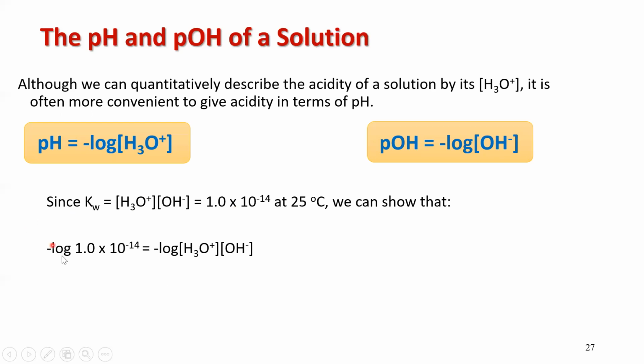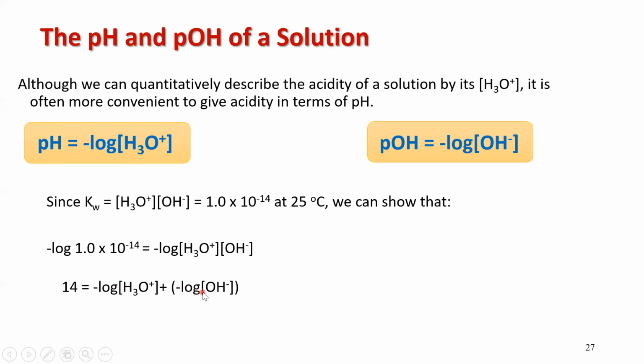We're going to take the negative log of both sides. We can do that. As long as we do the same thing to both sides of an equation, it keeps it equal. So if we take the negative log of both sides of this equation, the negative log of 1 times 10 to the minus 14 is 14. So 14 equals the negative log of the hydronium ion plus the negative log of the hydroxide ion. Now, the negative log of the hydronium ion we defined as being pH.